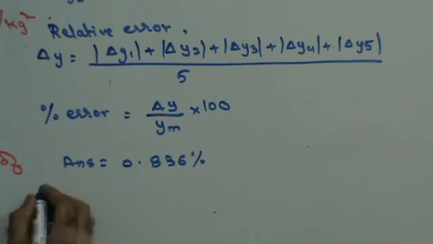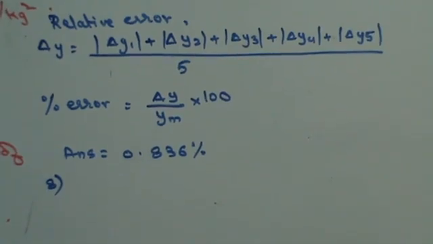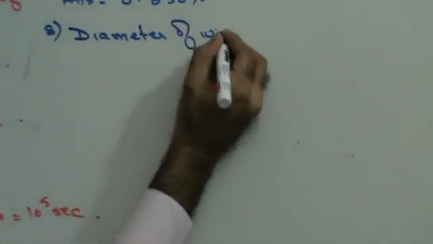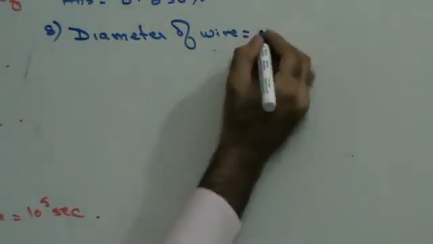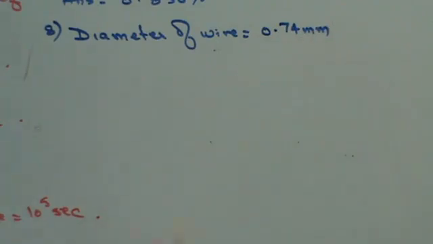Next, take down the next sum please. The diameter of a wire is measured using a micrometer screw gauge and was found to be 0.74 millimeter.